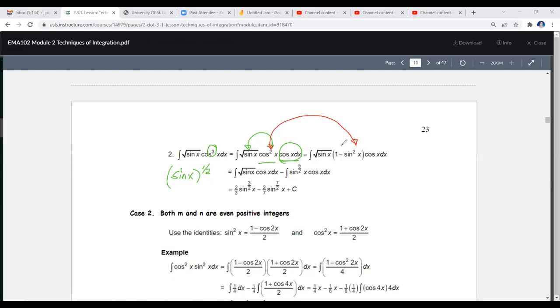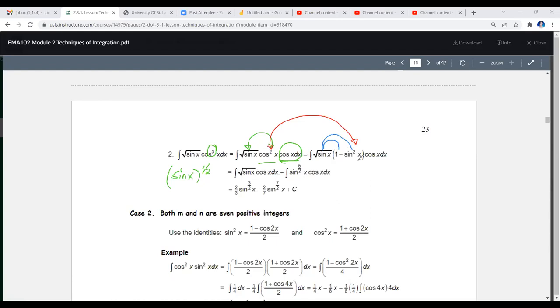So, since they are already the same, you can now do multiplication. You distribute the square root of sine x as a multiplier to these two in here. If you do that, the first one, the square root of sine x times 1, is simply the square root of sine x. And of course, it will be multiplied to this cosine of x dx here.